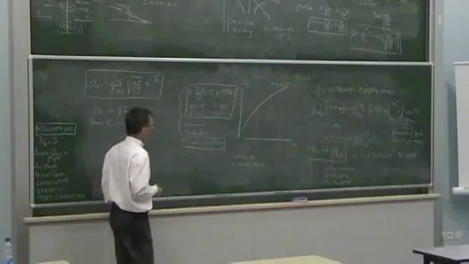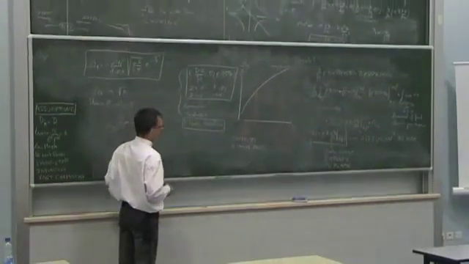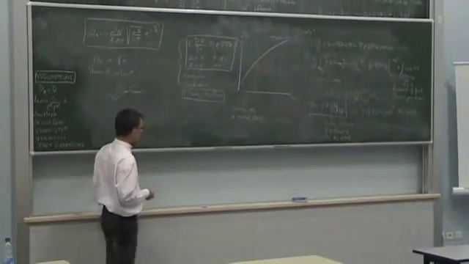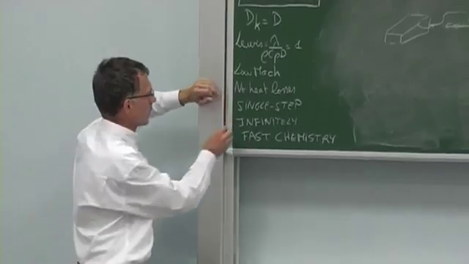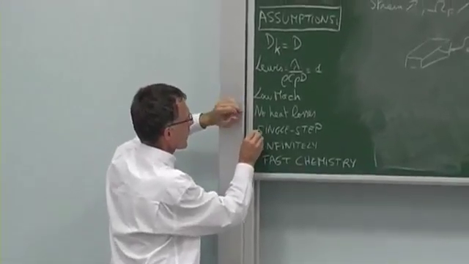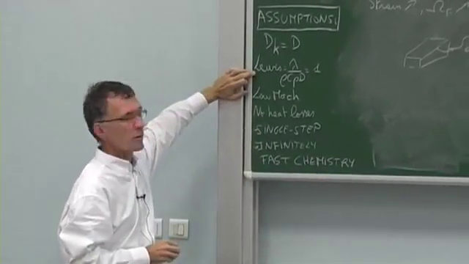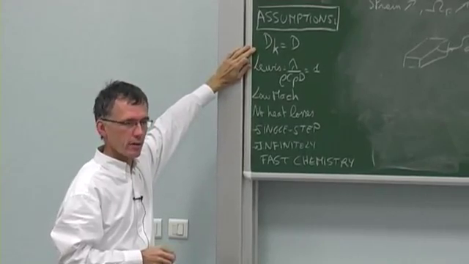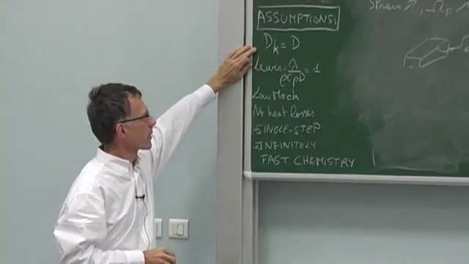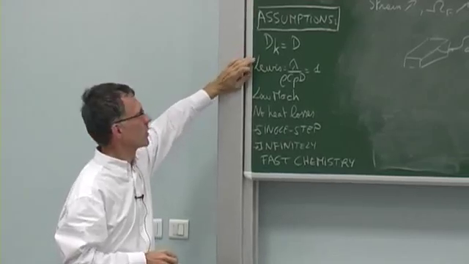Okay, let me conclude now by backing up a little bit. And here you have the list of assumptions which I had to use to go here, okay? Infinitely fast chemistry, single step, no heat loss, low Mach, Lewis equal unity, and all the diffusion coefficients of the species are equal. In a real flame, this is not always true.